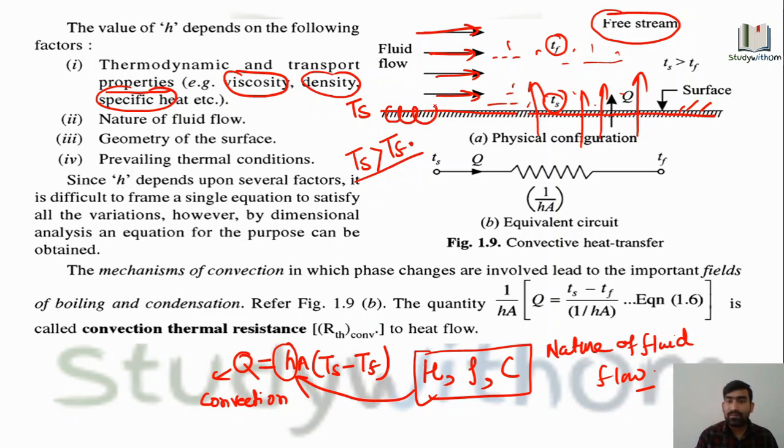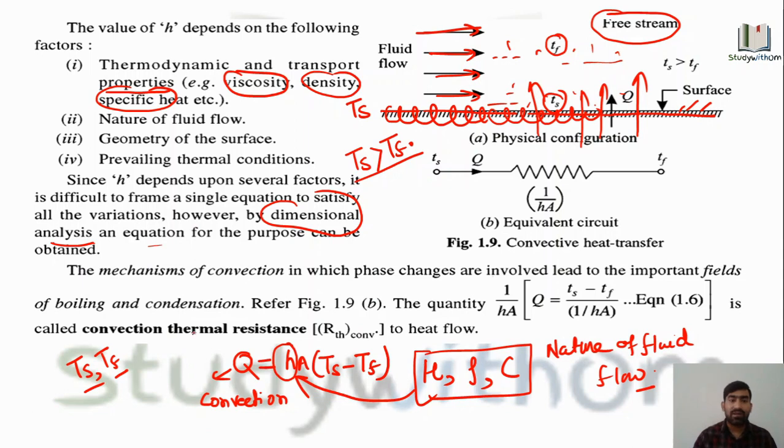Which surface? This plate surface upon which the fluid is flowing, and the prevailing thermal condition, meaning what is the temperature of the surface and what is the temperature of the fluid. Upon this also the heat transfer coefficient depends, right? So H depends upon several factors. It is difficult to frame a single equation to satisfy all the variations. However, by dimensional analysis, an equation can be obtained.